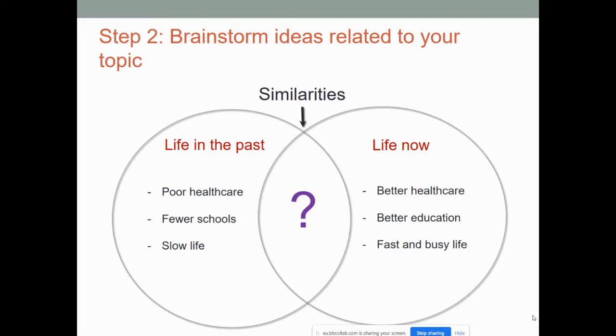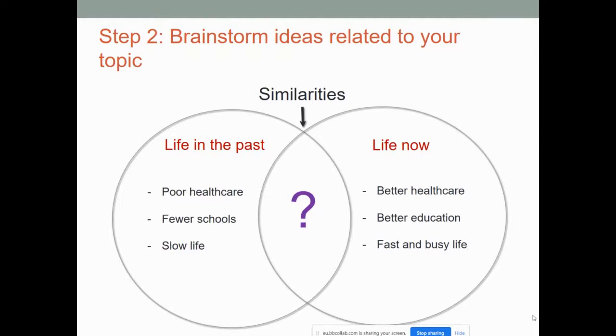So what I did when I was preparing this presentation, I took 3 areas of life in the past: poor healthcare, fewer schools, and slow life. And now for me, it's better healthcare, better education, fast and busy life. Now it's not necessary you agree with me. Maybe you say, no, doctor, you are not right.